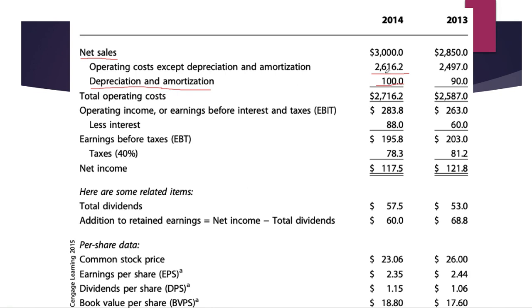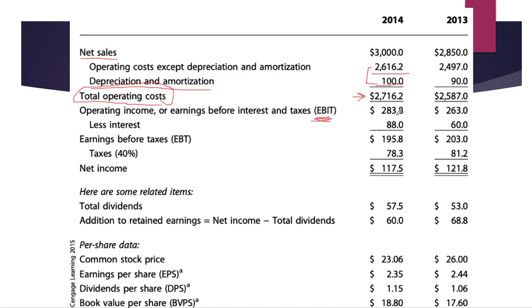By adding these two items, we obtain the total operating cost. From the net sales, we subtract these costs, and then we obtain the so-called operating income, or earnings before interest and taxes, known as EBIT.